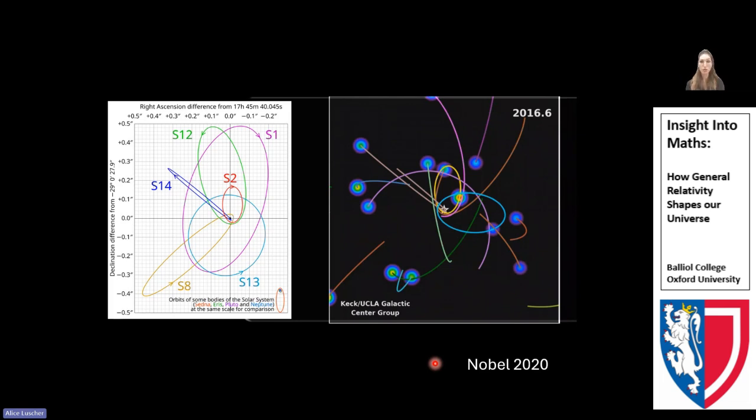And I want to mention that this Nobel Prize was shared between this experimental discovery and a theoretical part, for theoretical discoveries about black holes, which was awarded to Roger Penrose, who has his office just down the corridor. So that's pretty cool.